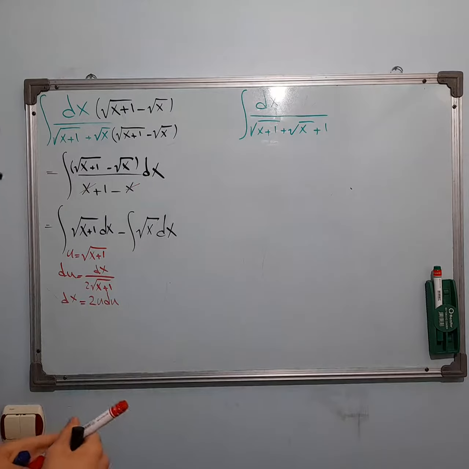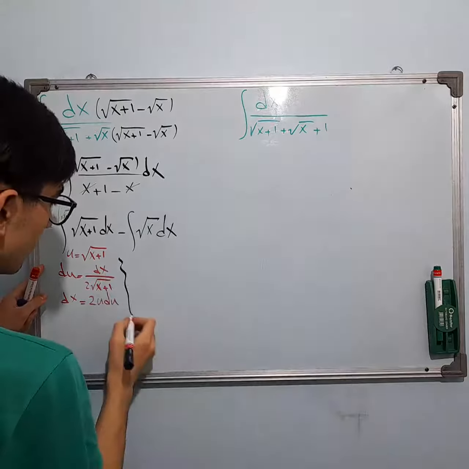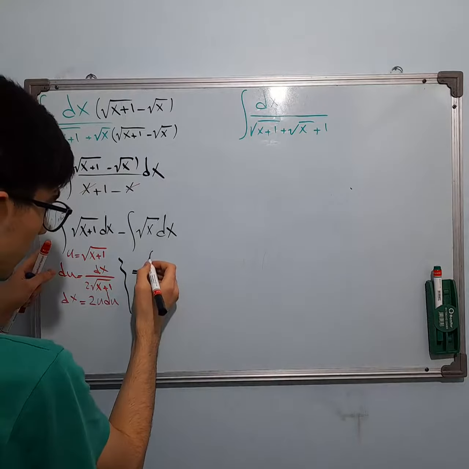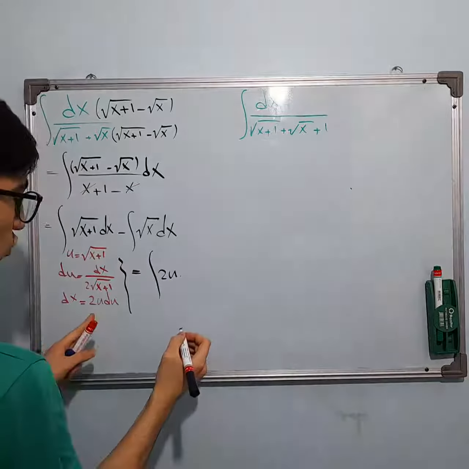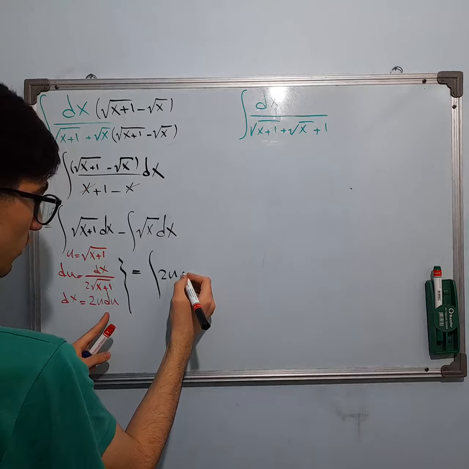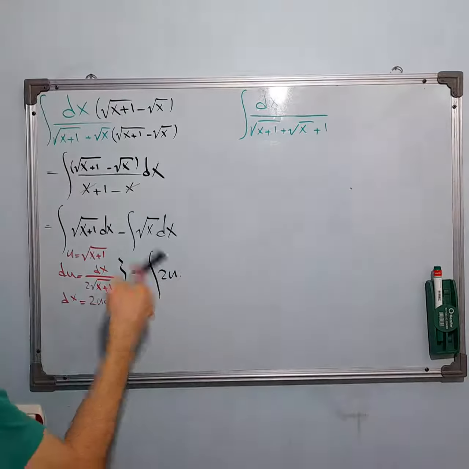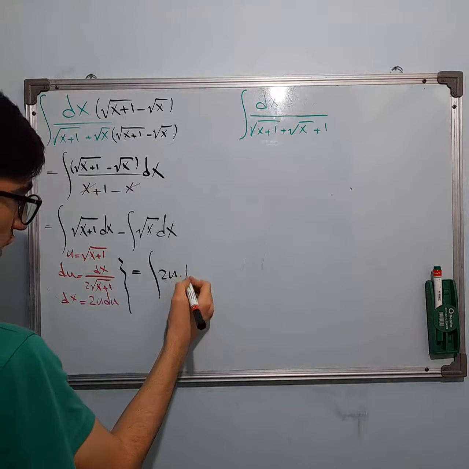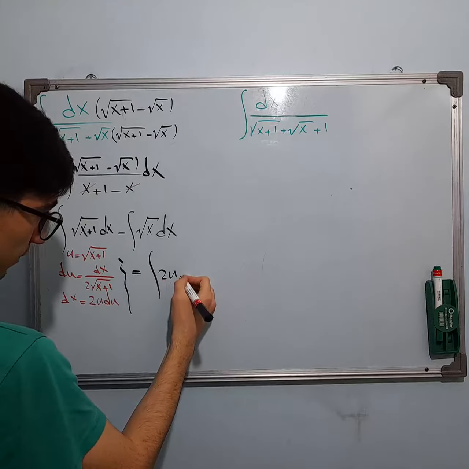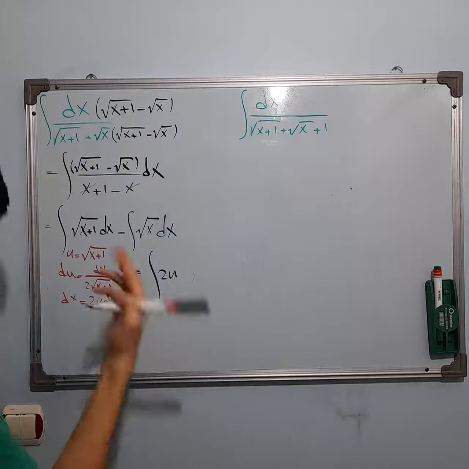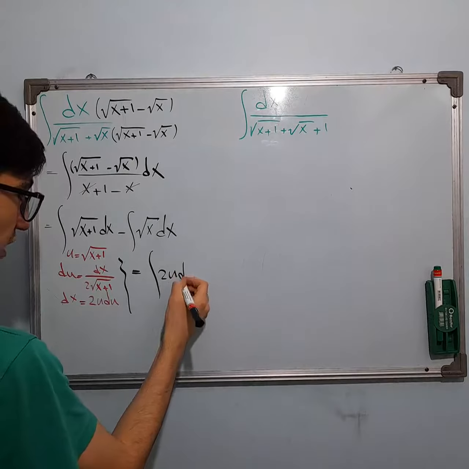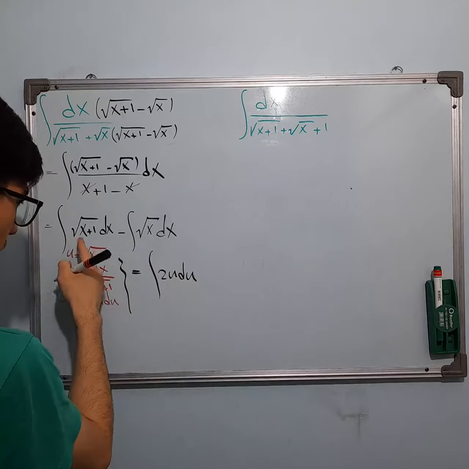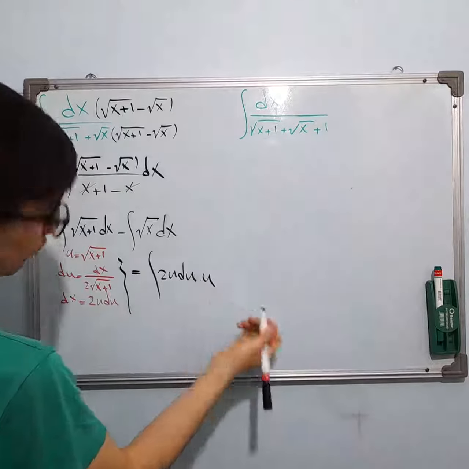So now we have 2u du, this 2 is for dx, 2u du, and square root of x plus 1 is u, finished.